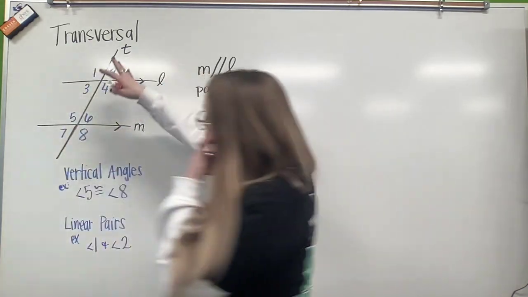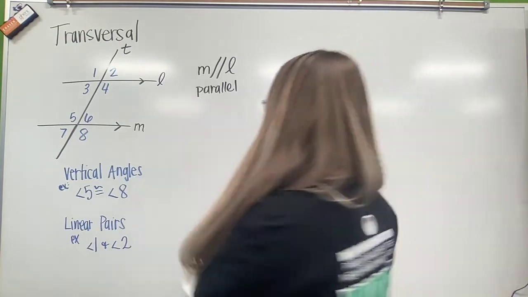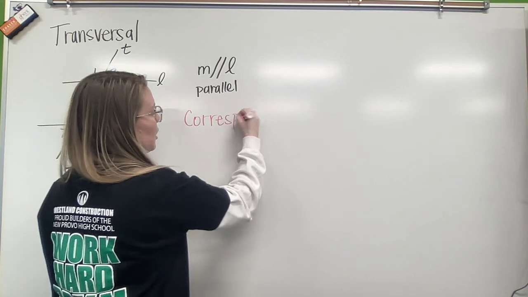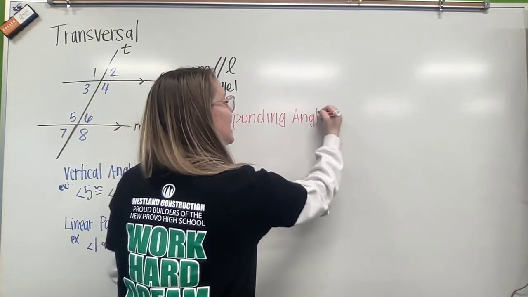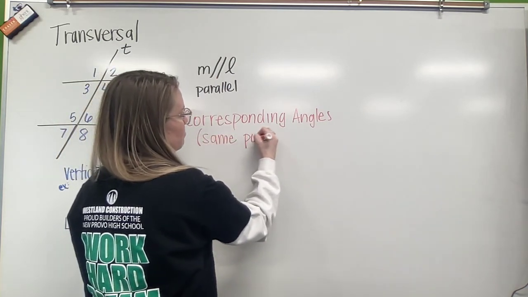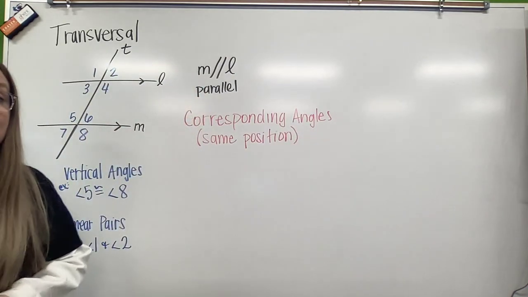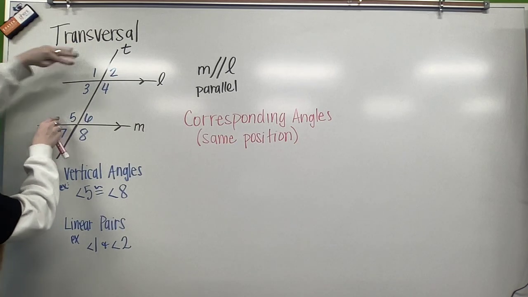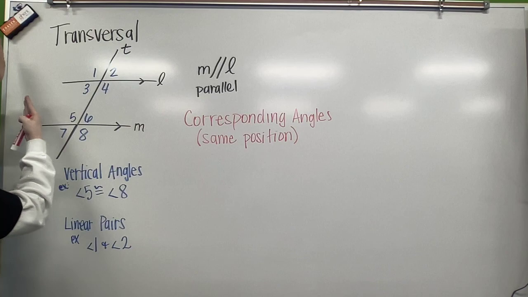So first ones that we're going to look at, these ones are called corresponding angles. These angles, we're going to say they're in the same position. So looking at my diagram, angles that are in the same position, 1 and 5, they're above the parallel line on the left side of the transversal.